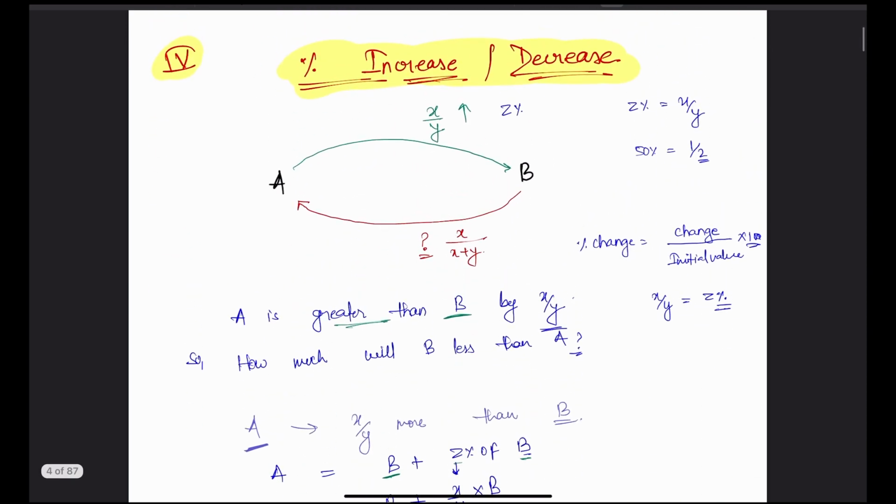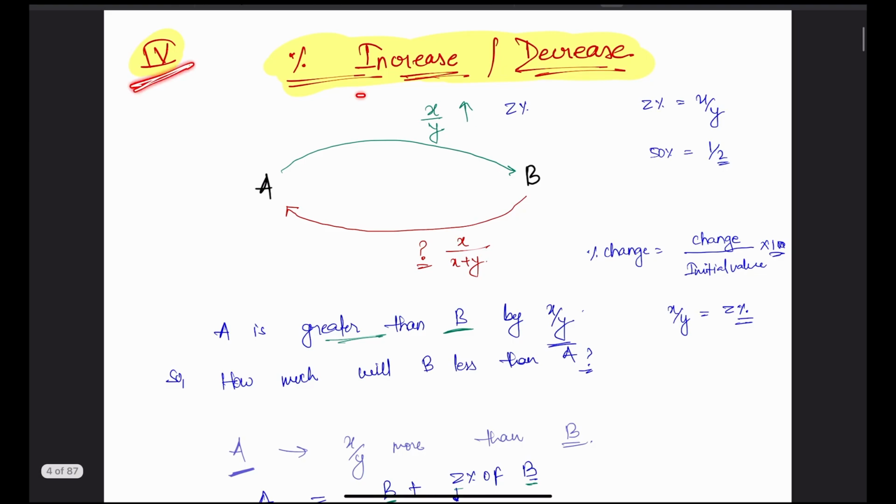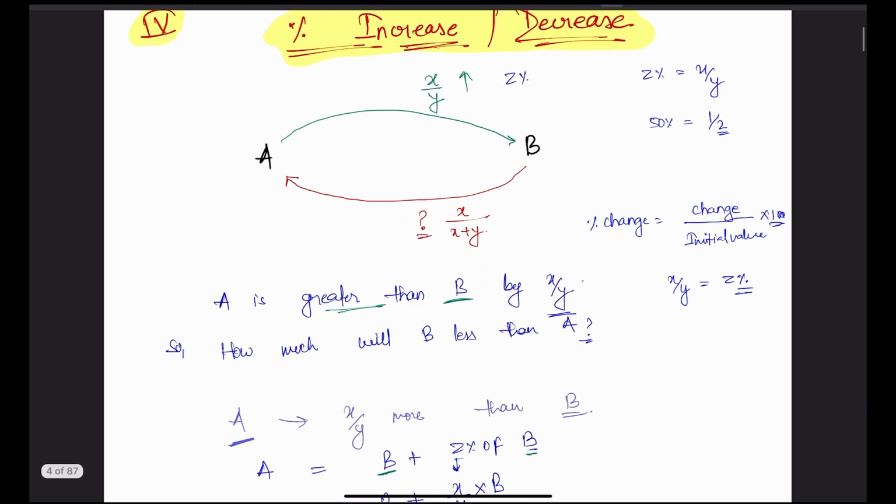And then this is the new concept which we learned, that is increase and decrease. If a number a is increased by z%, and that z% is converted into a fraction equal to x by y percent increase, then the decrease will be in the form of percentage x by x plus y. This is what we learned yesterday.